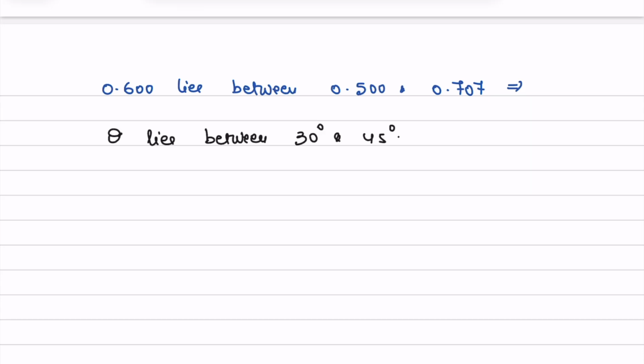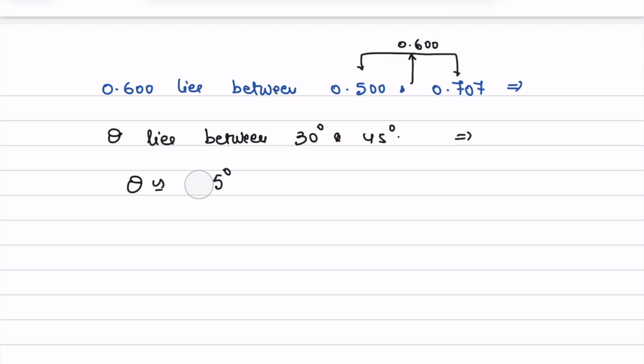0.500, 0.707. Can we say approximately 0.600 is halfway between them? Theta is approximately equal to 37.5, that is 30 plus 15 by 2.